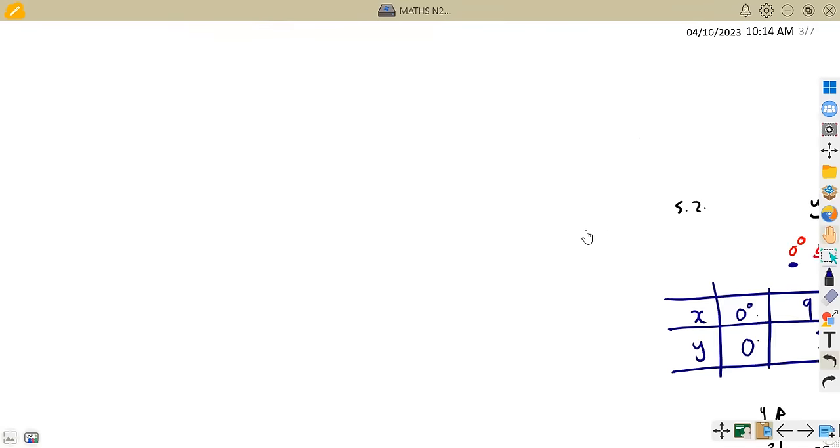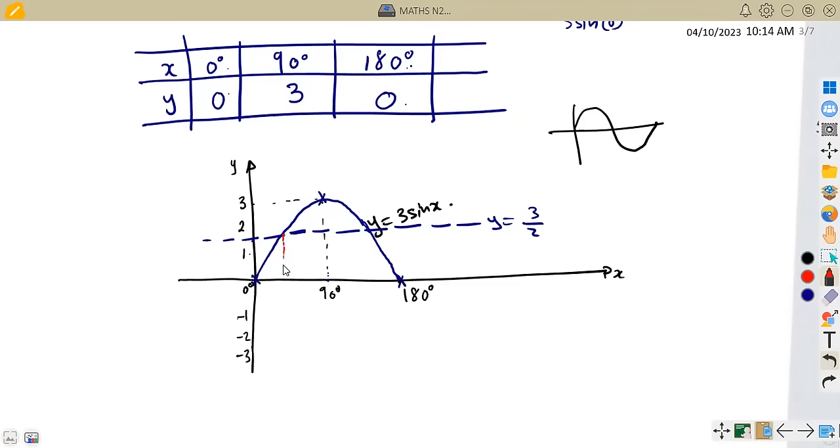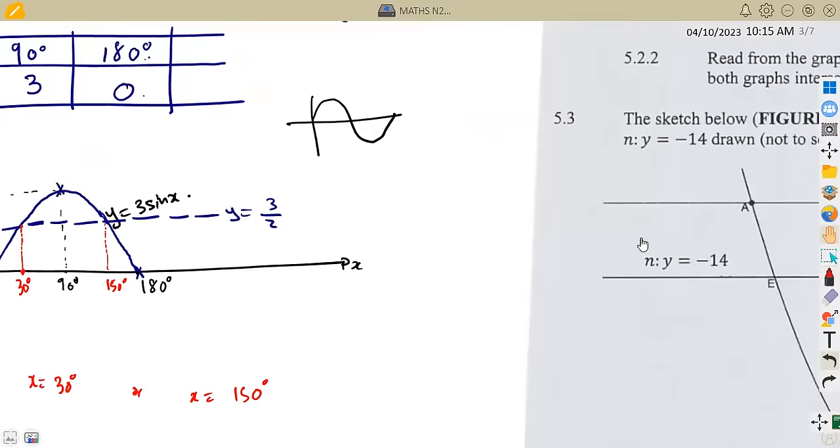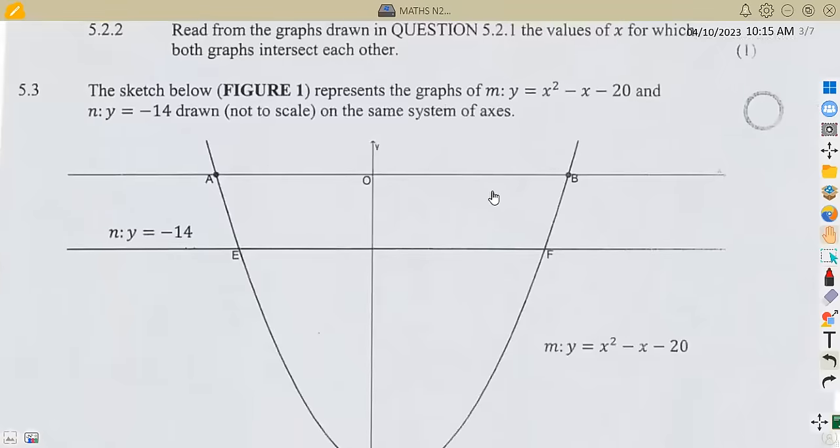If you take these values properly from your graph at this point of 1,5, this point here corresponds with 30 degrees, and this point here corresponds with 150 degrees. So our x is at 30 degrees, or our x is at 150 degrees. These were the values of x at the points of intersection of the sine graph and the graph of y, which is a straight line. That was just 1 mark.